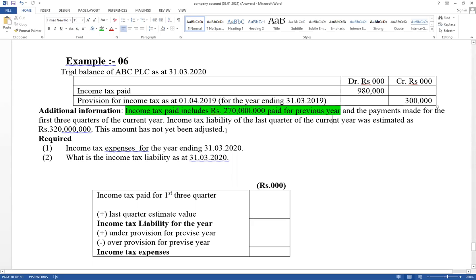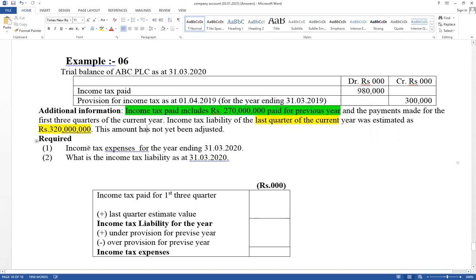Therefore, by using that information, the first 3 quarter paid amounts can be recognized, the payment made for the first 3 quarters. Then income tax liability of the last quarter of the current year: the current year's last quarter estimate value is given. Sometimes it gives income tax liability for the year. Here it has given this year's last quarter estimate value equal to 320,000.